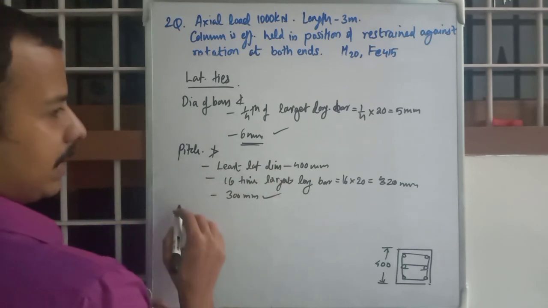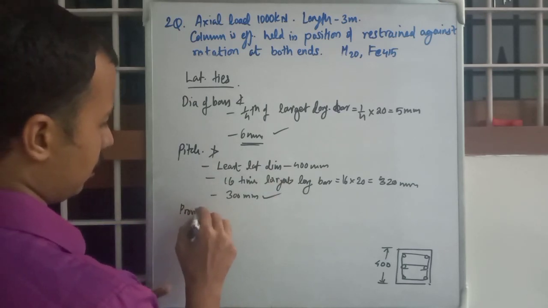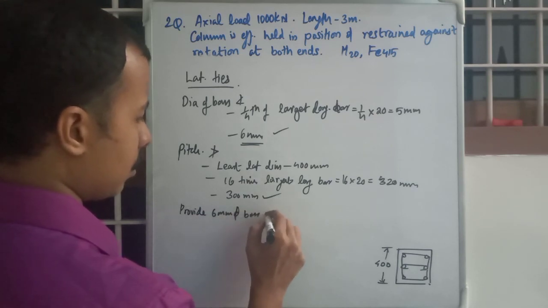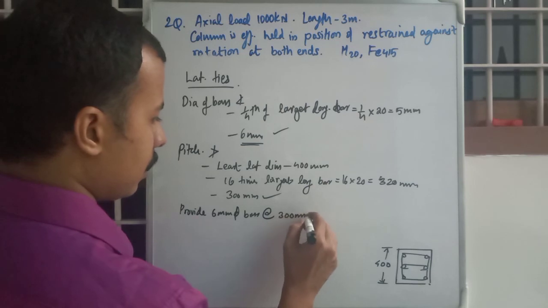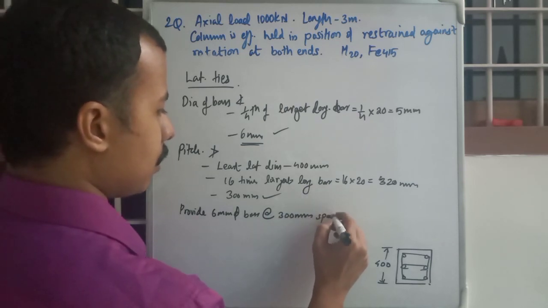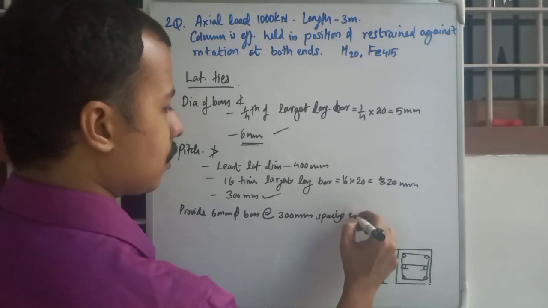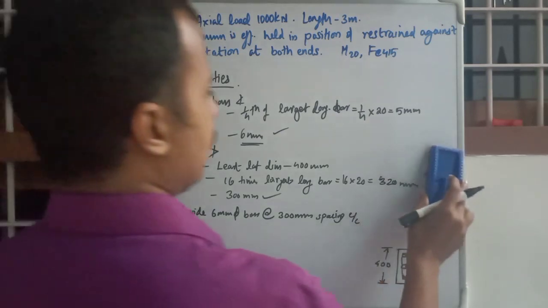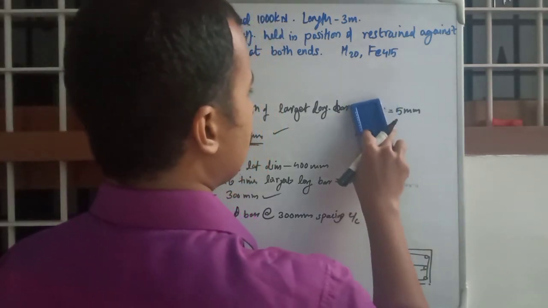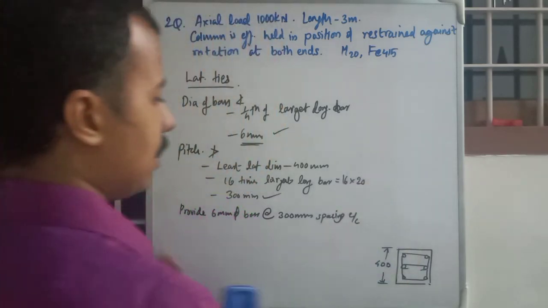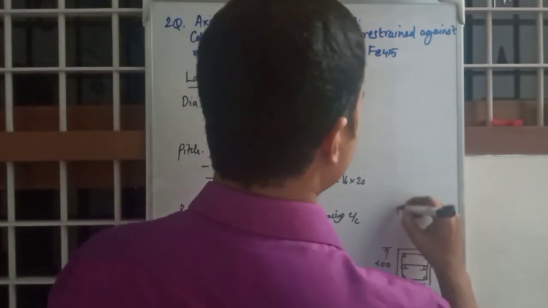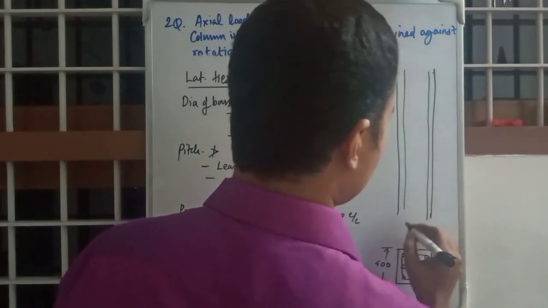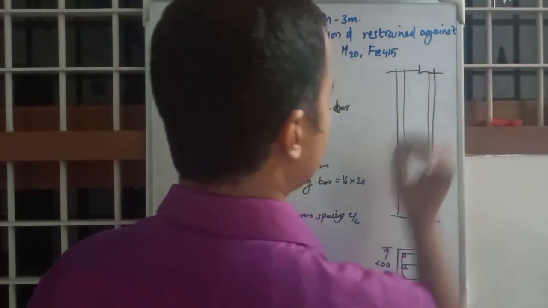So we'll design it as: provide 6 mm diameter bars at 300 mm space or pitch, center to center. That's it, that is the design, and you have calculated this. You just need to provide a detailed diagram with these values.